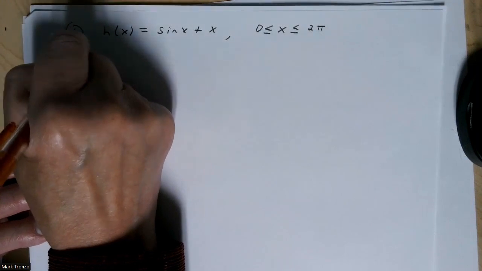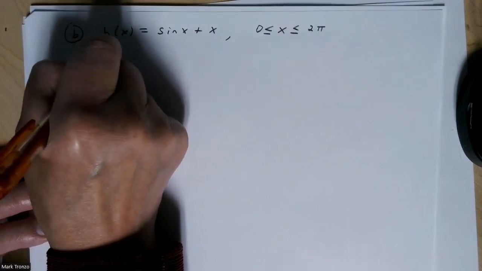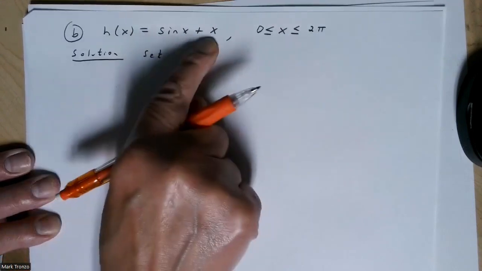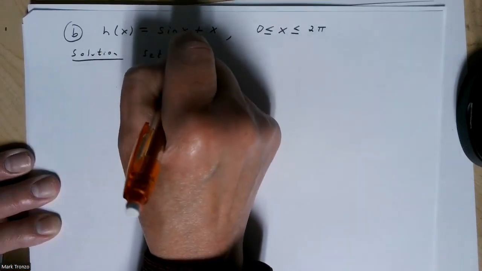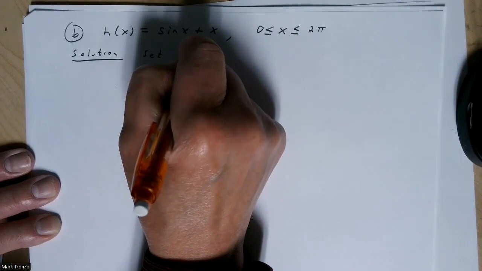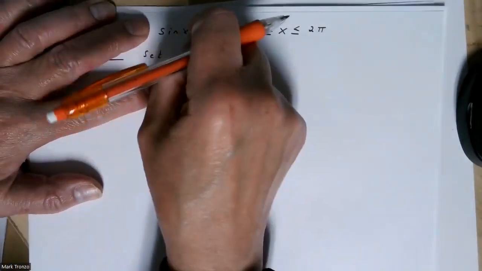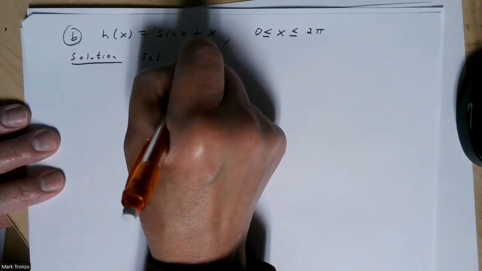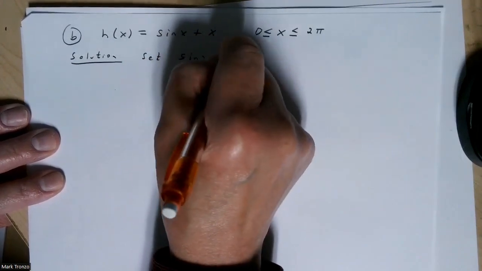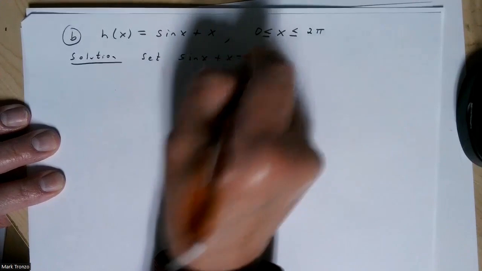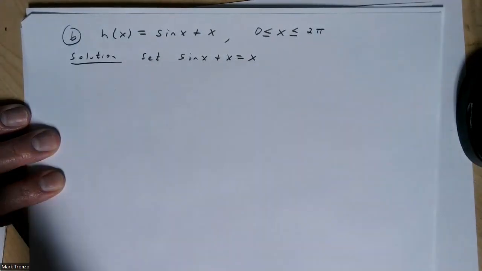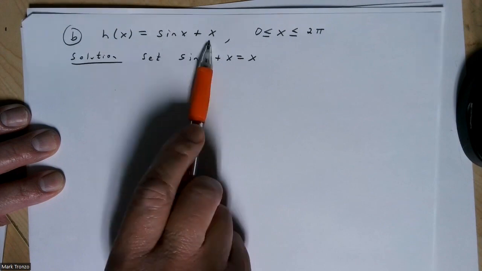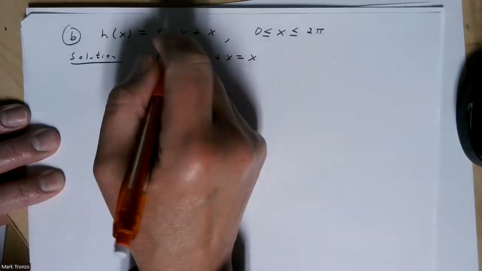So again, solution. Once again, set our function up here. Sine of x plus x equal to x. So that's the first step, because we want to find the place where we put in an x and we get out an x.